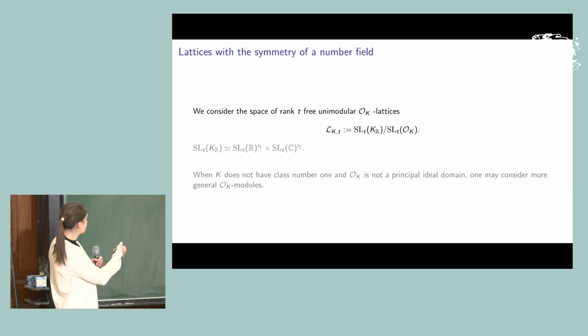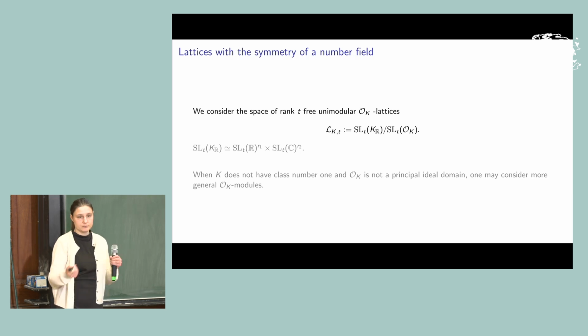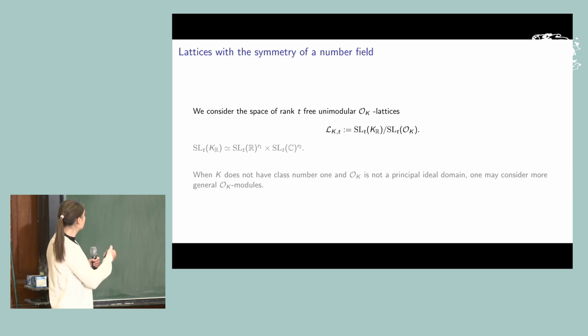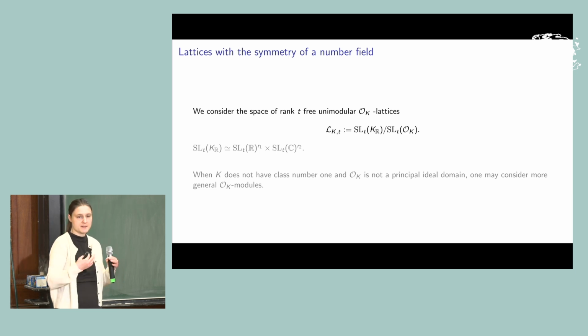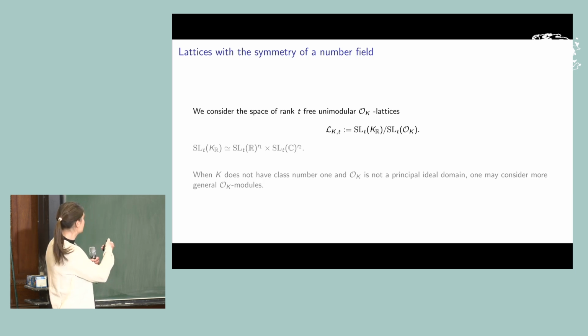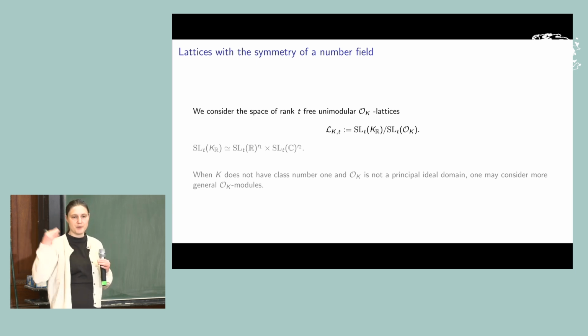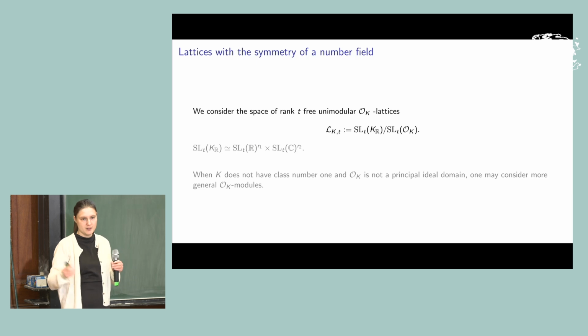And then we quotient it by its discrete subgroup. So we will get a space of finite volume. And so this will represent for us lattices, but now lattices with the structure inherited from the number field. And now this new space we have constructed will live inside one of our previous spaces of just all possible lattices.